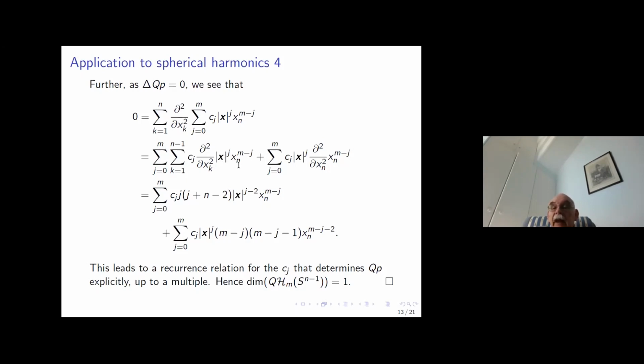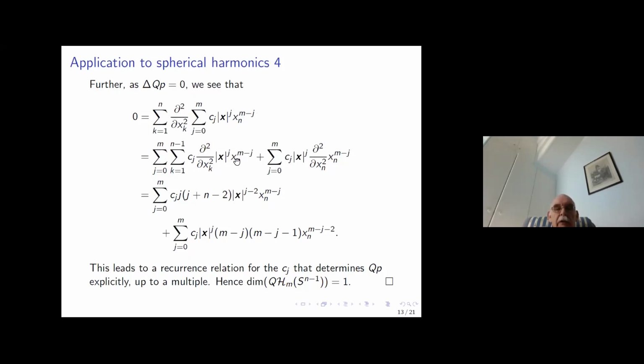But they don't affect xn, because that's the way that partial derivatives work. On the other hand, the last second derivative in the Laplacian is the partial derivative with respect to xn squared, and that one acts on the last part of the polynomial, the xn to the m minus j. So I can work out what this comes to.